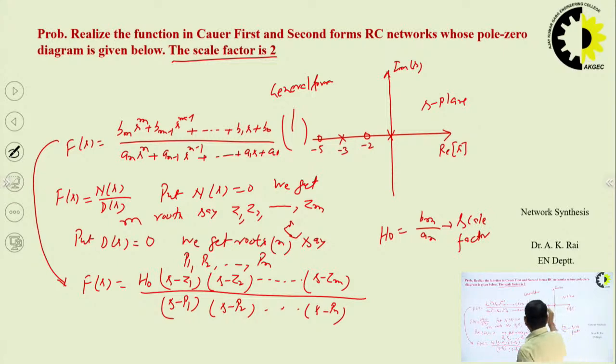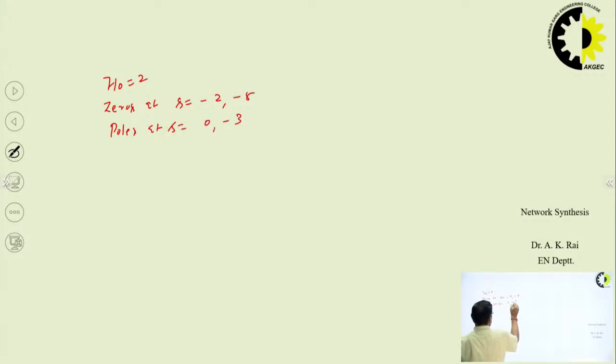So, from the pole-zero diagram we can write F(s). First, H0 is 2, zeros at S equal to -2, -5, poles at S equal to 0, -3.